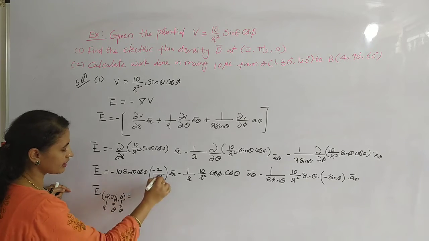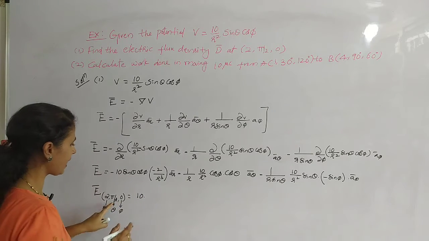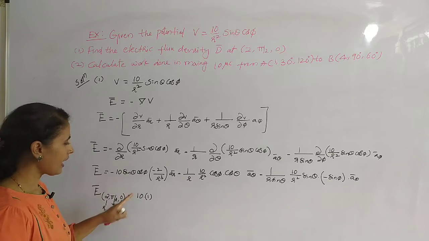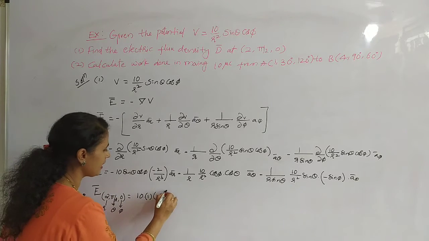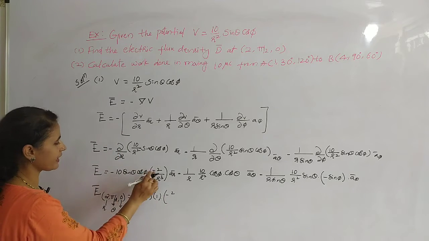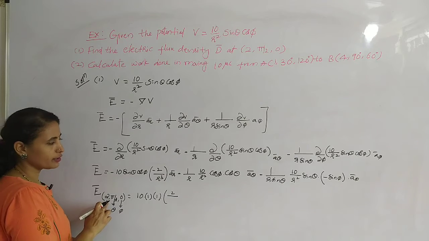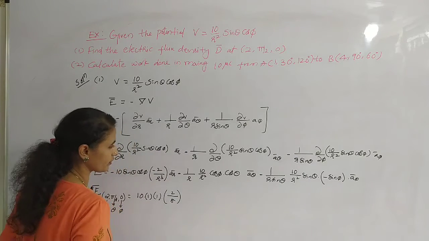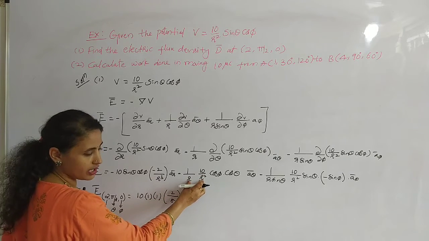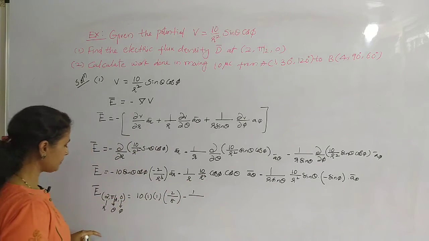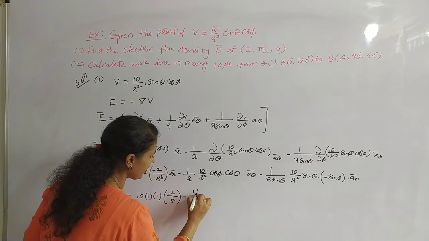Let us substitute into the remaining terms here. 10 into sin theta, theta is pi by 2, so sin pi by 2 is 1, and cos phi means cos 0, it is again 1. Minus 2 by, here already a minus is there, so this minus will be plus, 2 by r cube, r is 2, 2 cube is 8. Then minus 1 by r, 1 by r power 3, here also r square is there, r value is 2, this is 2 power 3, this is 10.